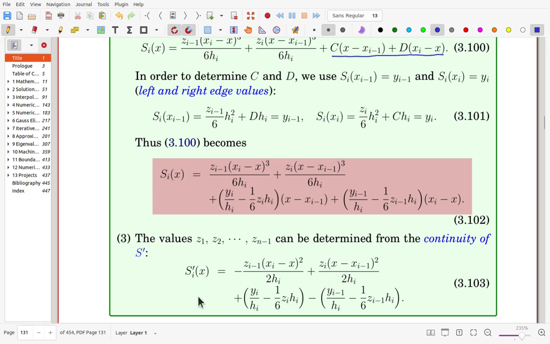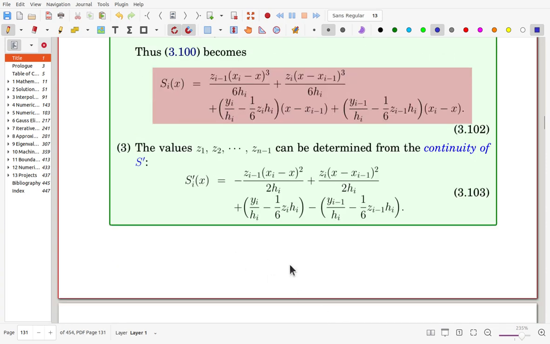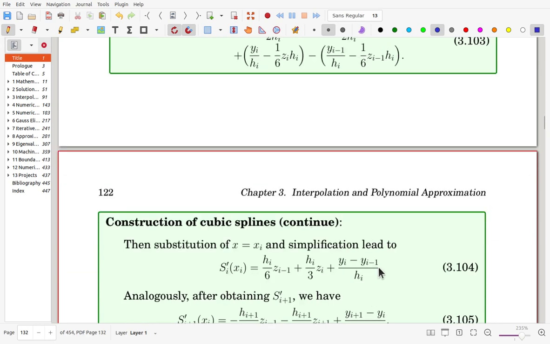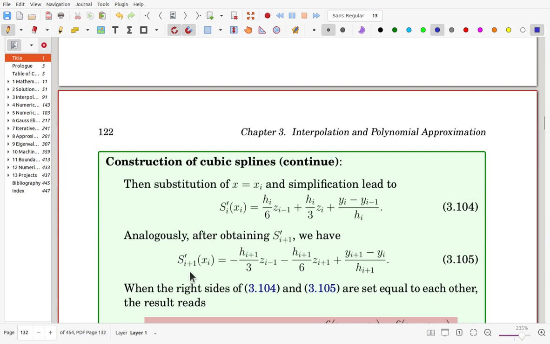So we differentiate it, then we recheck this one, and we plug in xi, then this right side can be simplified in this way. Now we need that one. Let's see the picture.